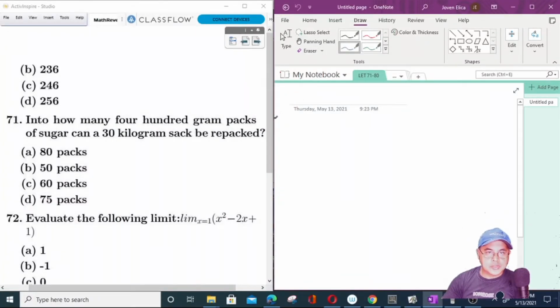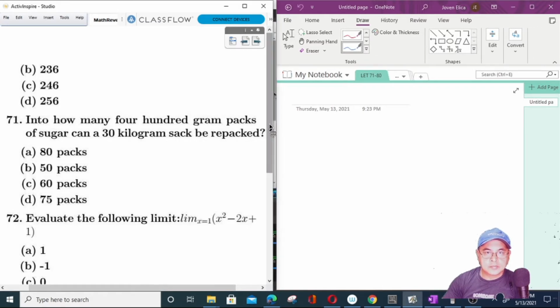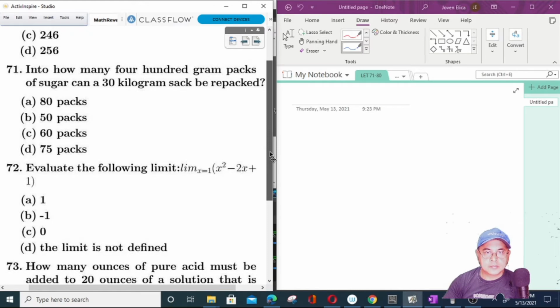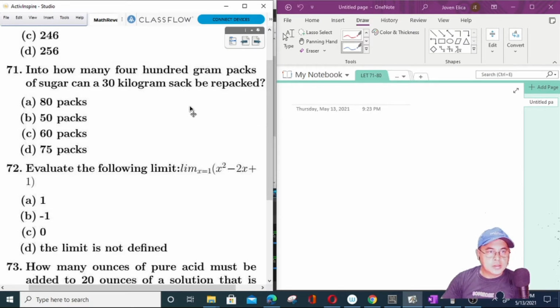All right, so question number 71. It says: into how many 400 gram packs of sugar can a 30 kilogram sack be repacked?